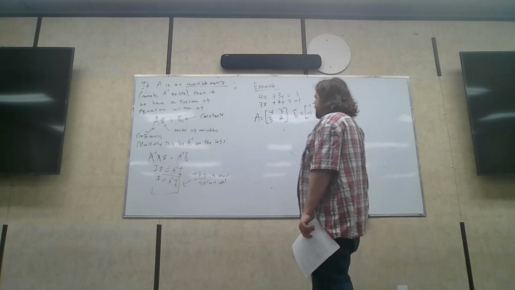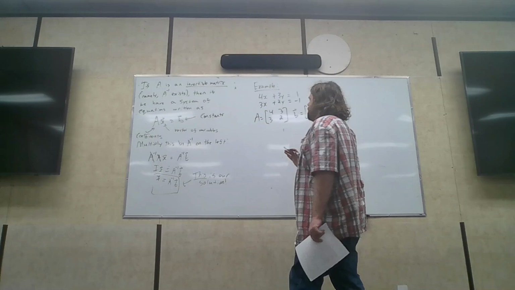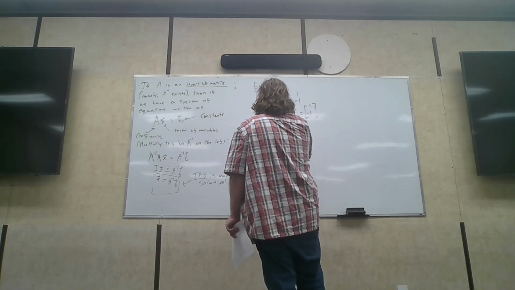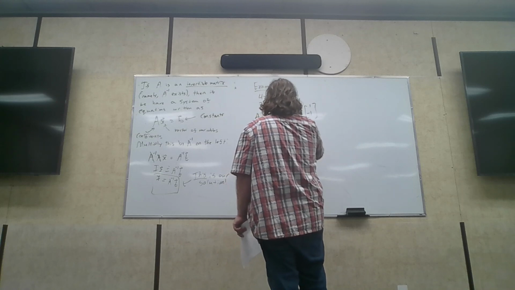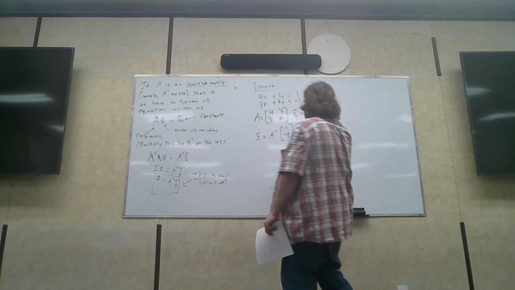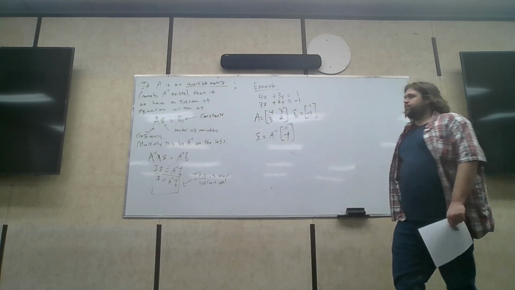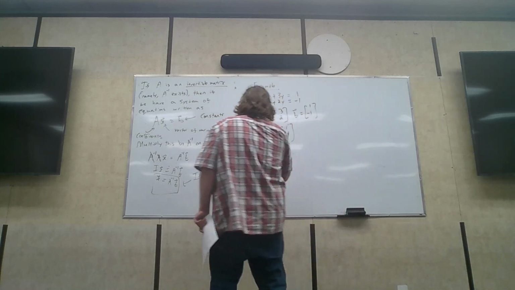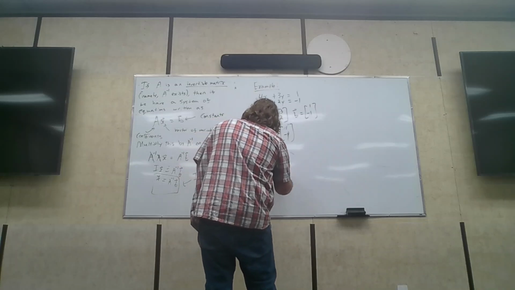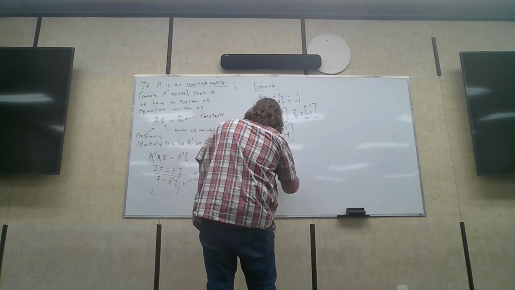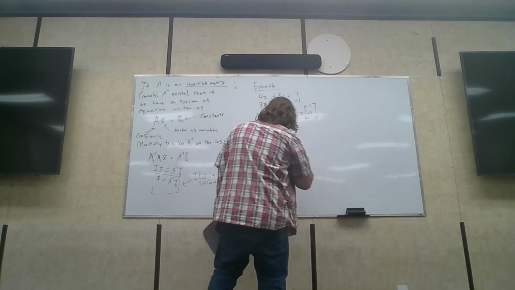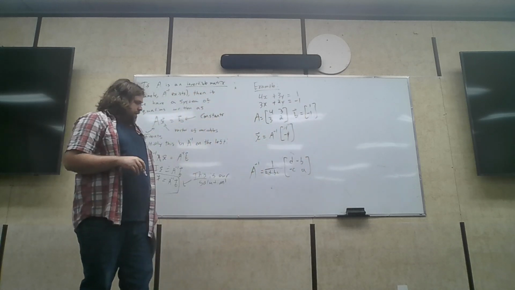So now what we need is the inverse of A. Because if we know the inverse of A, it's going to go right here, times 1, minus 1. If we just know what that is, we just plug it in, and we're good. So what's A inverse? Well, there's a formula for it. It's 1 over AD minus BC, times the matrix D, minus B, minus C, A. So we just plug in.